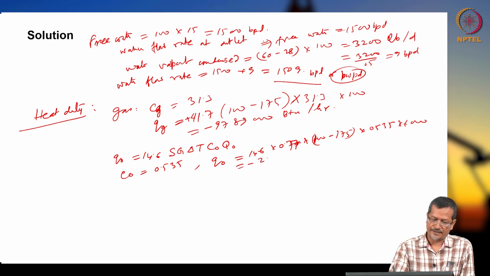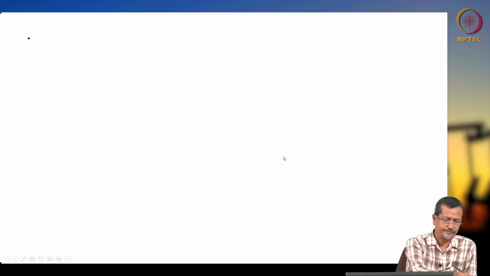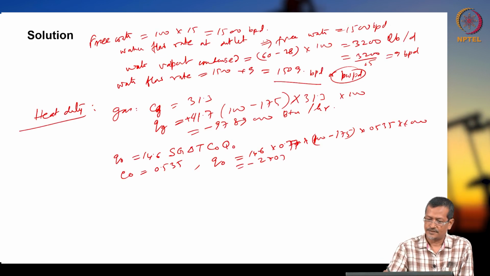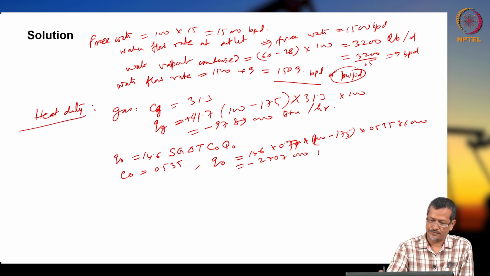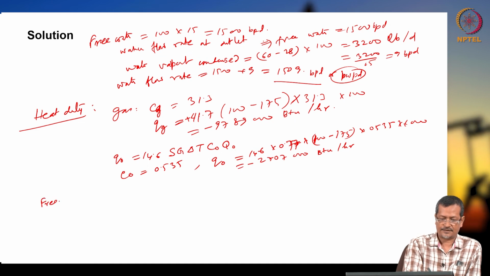So, it is coming minus 2707000 BTU per hour. Okay, free water, how much heat is it taking?